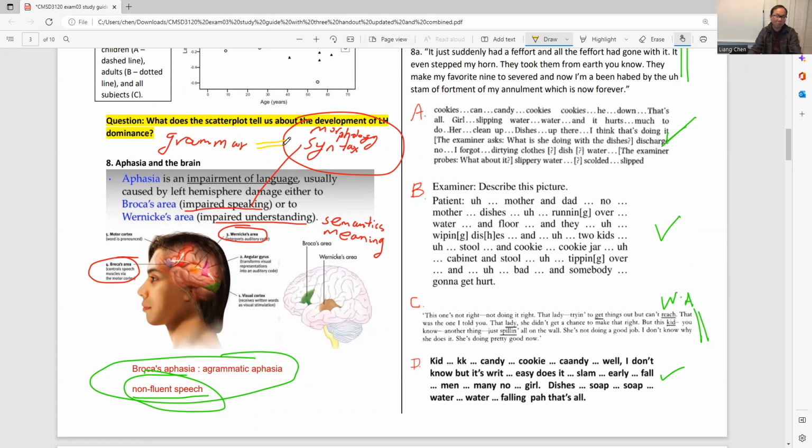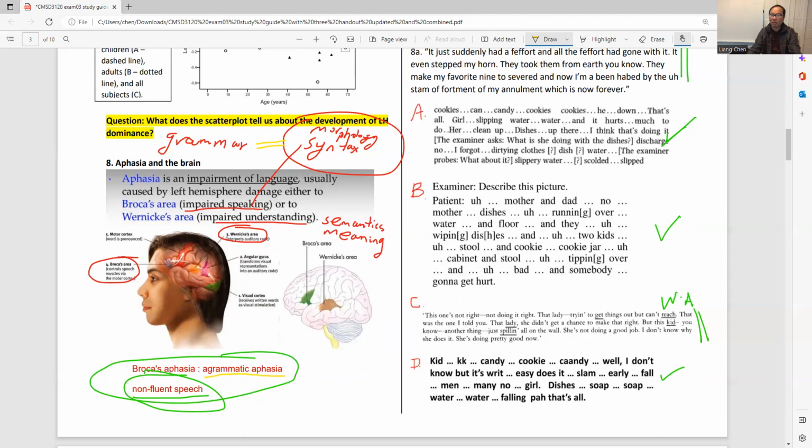That's why Broca's aphasia is sometimes also called agrammatic aphasia, because they have difficulty with grammar. The main feature of their speech is non-fluent: a lot of pauses, hesitation, kind of broken.